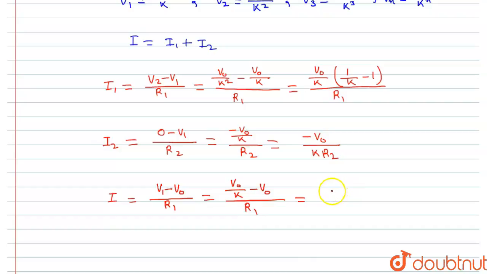We can take V0 common, so V0 divided by R1 into 1 by K minus 1. This is what we can say is I.